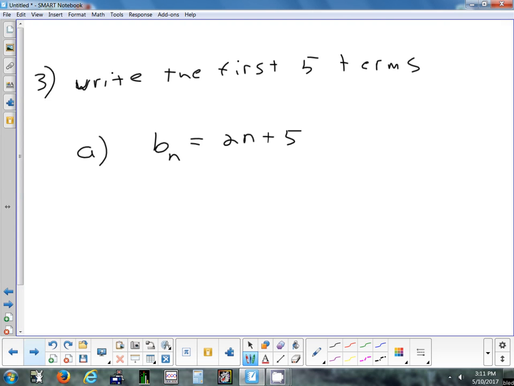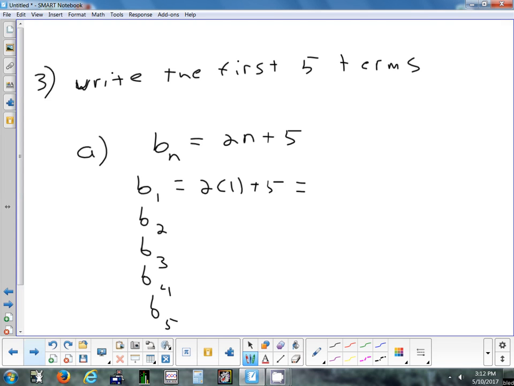And I want to know the first 5 terms in that sequence. Do we know what the first term is? That would be B sub 1. How would you find B sub 1? 2 times 1. Yeah. To find B sub 1, you just change n to 1. 2 times 1 plus 5.